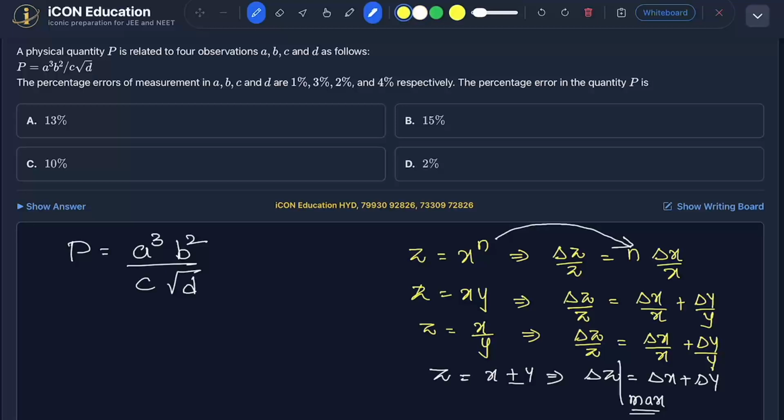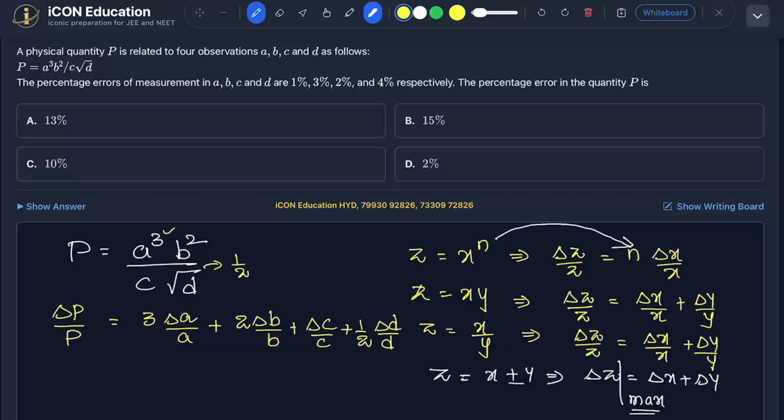So let me apply this formula here, delta P by P equal to 3 into delta A by A, the exponent 3 will become coefficient, and here 2 delta B by B, and here delta C by C plus 1 by 2 delta D by D, because here the exponent is 1 by 2.